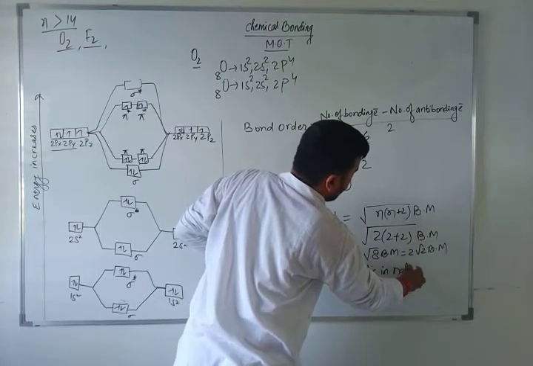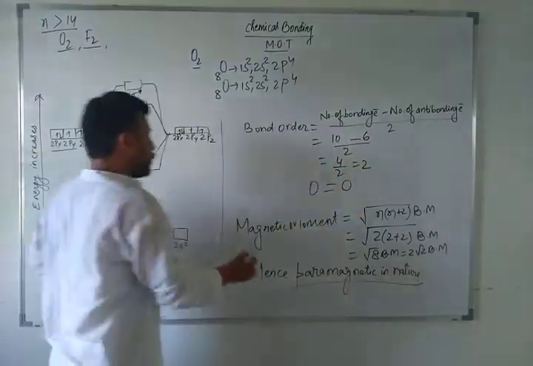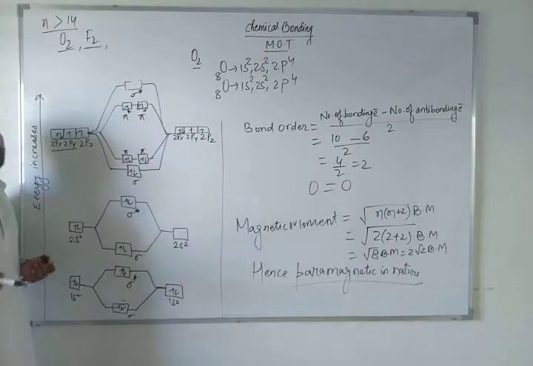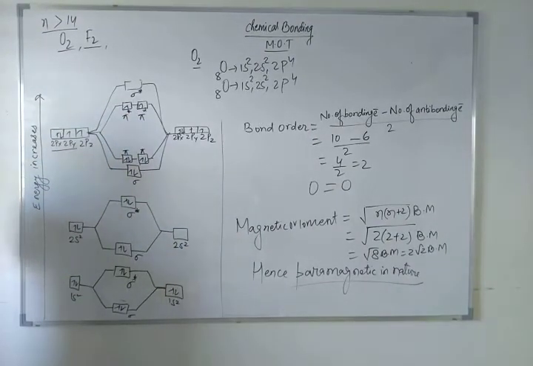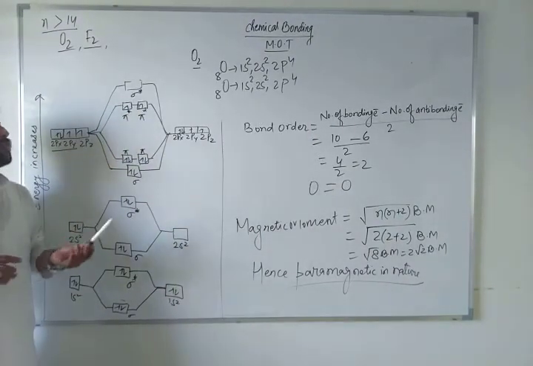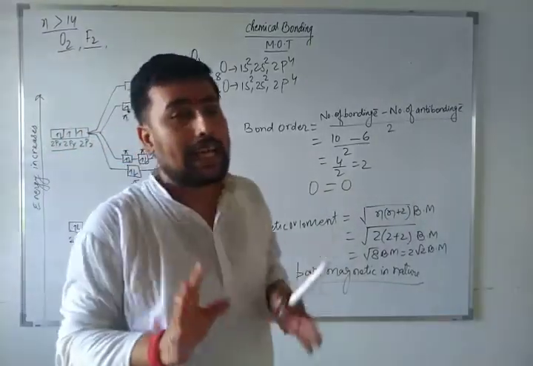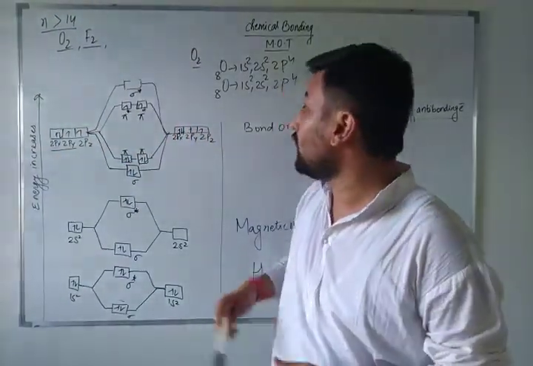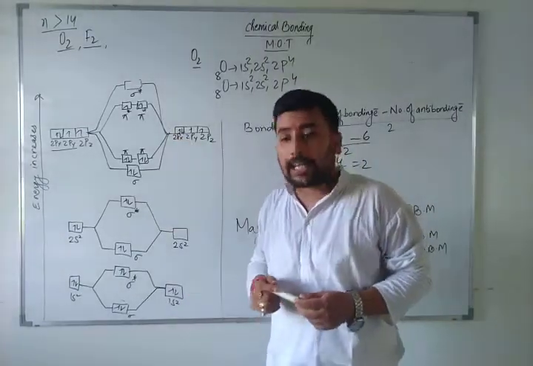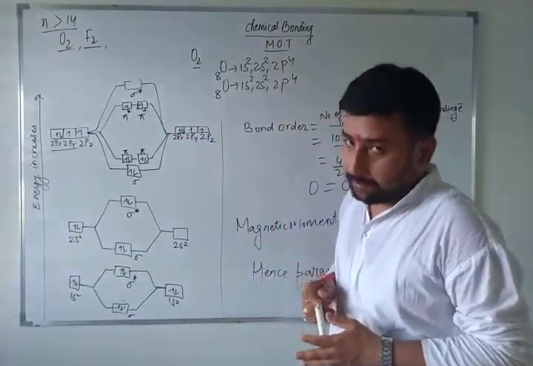If anybody asks you why paramagnetic, because there are two unpaired electrons. If there were no unpaired electrons, always paired, then it would be diamagnetic in nature. Since it has two unpaired electrons, it is paramagnetic in nature.